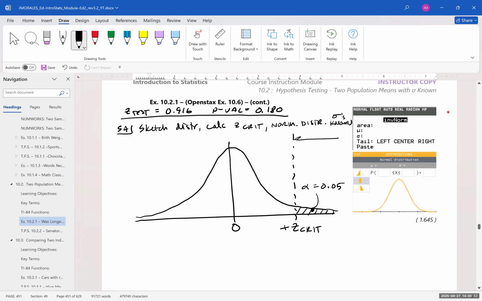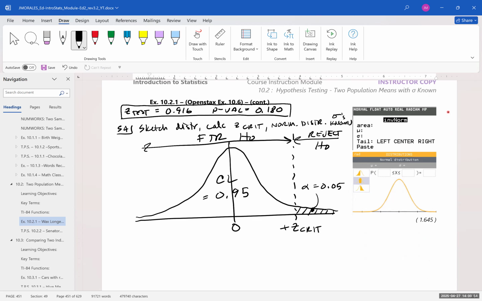This region above the tail is to reject the null hypothesis. And the area above the confidence level then is going to be our fail to reject the null. All right. Now, before we put in our test statistic and our p-value, let's calculate our critical value first.